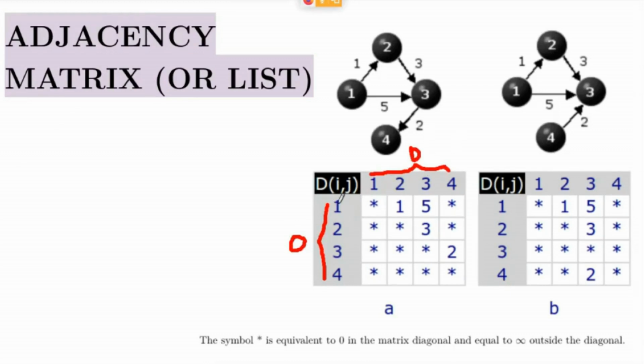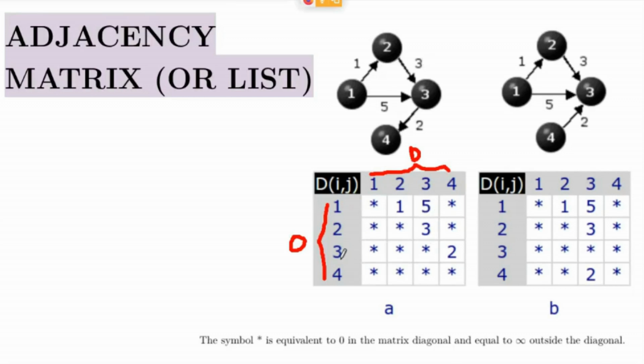Node number 1 is connected to 2 and 3, with the corresponding weights that are 1 and 5, as you can see here. Node number 2 is connected only with node number 3, total weight of 3. That's why here we have a 3.